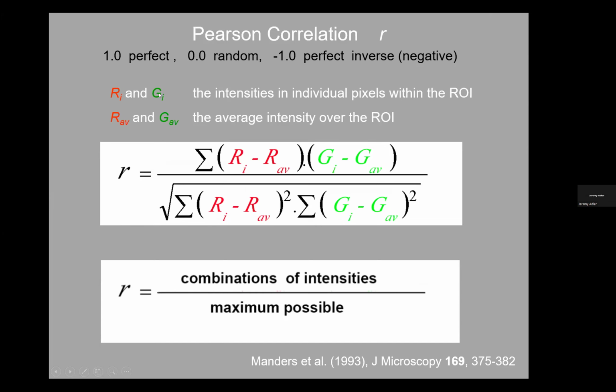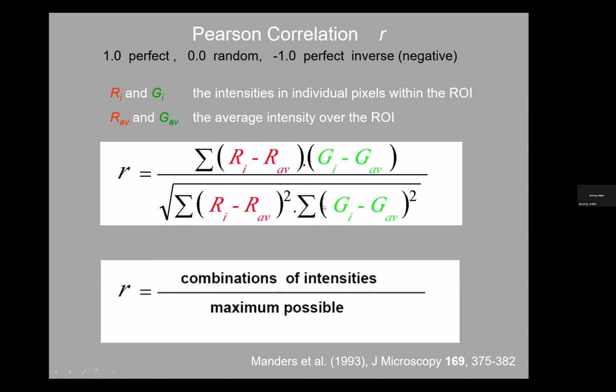So let's look at the equation. Ri and Gi are the intensities in individual pixels within whatever region of interest we're working with. Rav and Gav are the average intensity within the region of interest. So if we look at the upper part of the equation, for each red pixel, we're subtracting the average red intensity and multiplying this by the green intensity of the same pixel minus the green average.